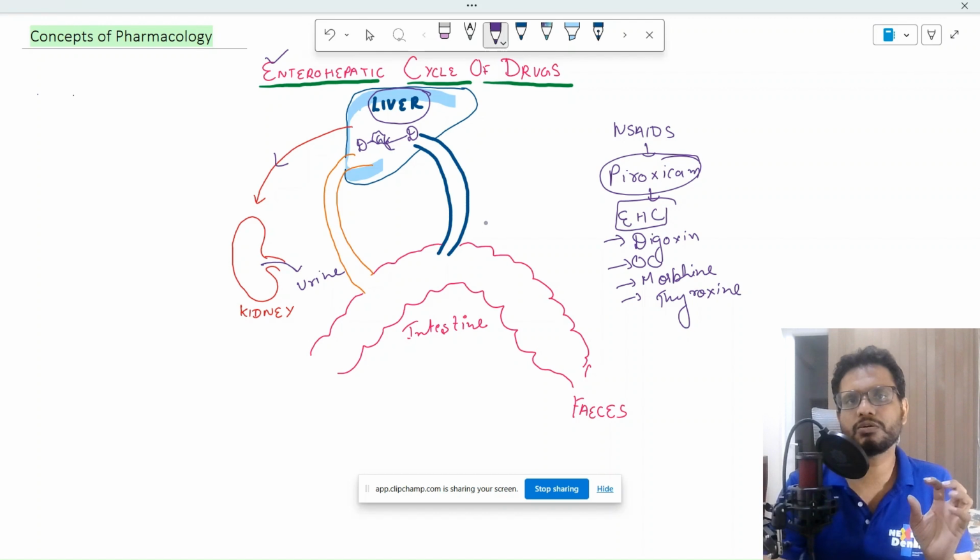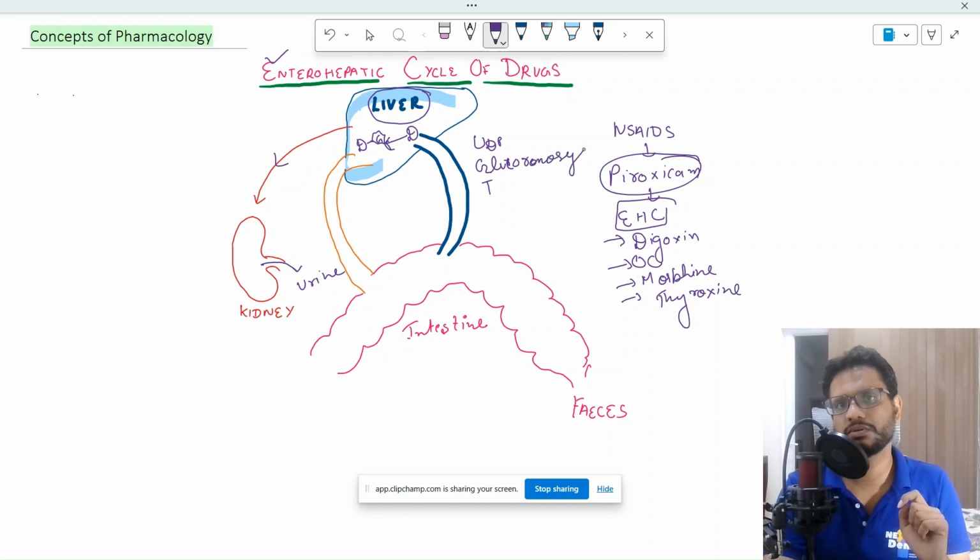There is an enzyme known as UGT, that is UDP glucuronosyl transferase, and this enzyme is responsible for the glucuronidation of the drug. So there will be addition of a glucuronide molecule to the drug, making it more water soluble.